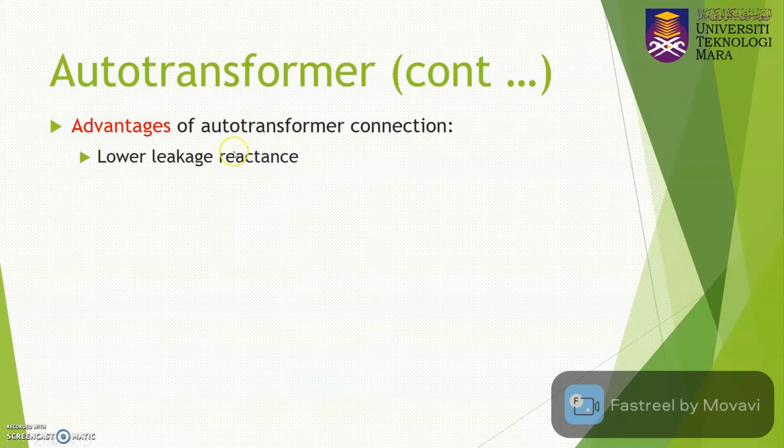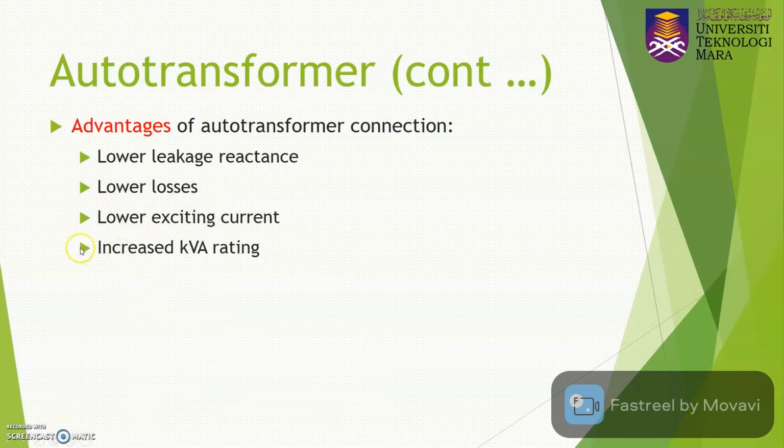Because the autotransformer connection is physically connected between the primary and the secondary winding, that's why it has a lower leakage reactance, lower losses, and lower exciting current, and it can also increase the kVA rating.